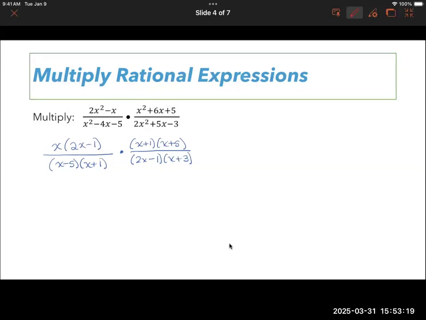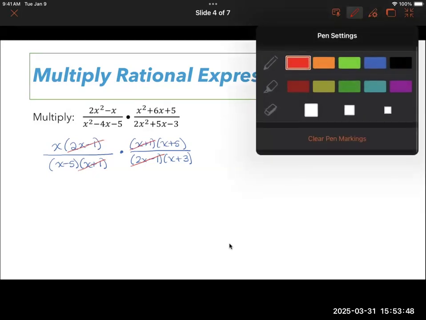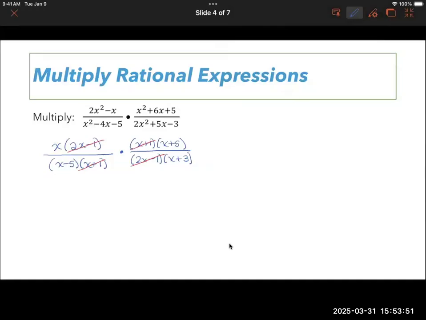So here I can see I have a 2x minus 1, which can cancel with the 2x minus 1 in the second denominator. I also see here in the first denominator, I have an x plus 1, which I can cancel with an x plus 1 in the second numerator. And then that seems to be it. Those are really the only matching factors. Again, make sure that it is one factor in a numerator and one factor in a denominator that you are canceling out. Having the same factor both be in a numerator or both be in a denominator does not allow you to cancel.